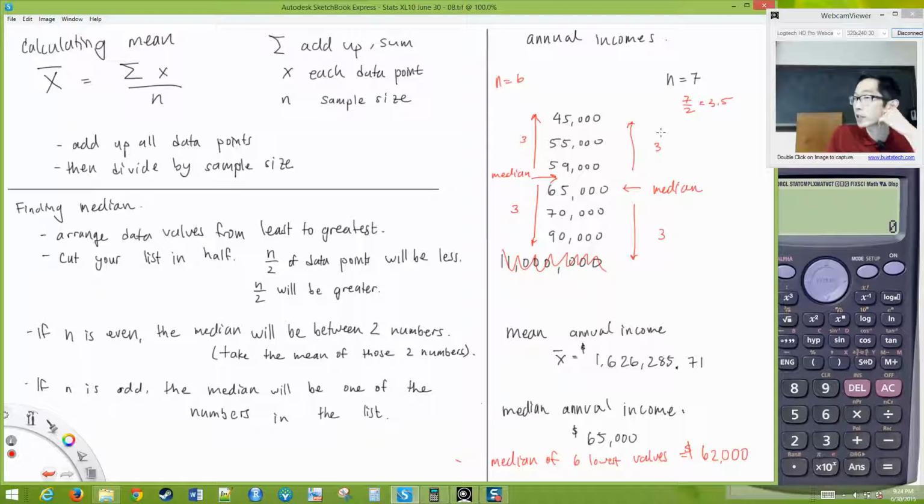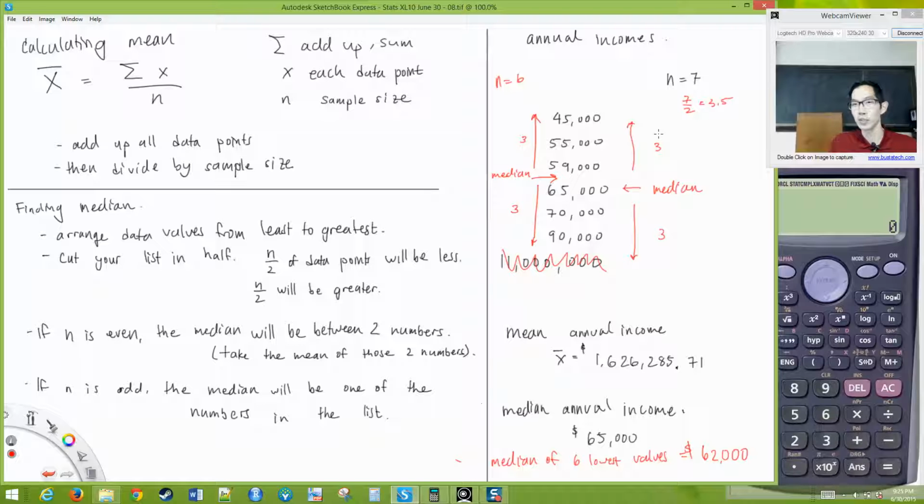Okay, why do we bother calculating the mean and the median? What do these things tell us? They summarize the middle, the idea of center. They can either give us the balancing point or the halfway point. Which one's the balancing point? The mean is the balancing point, and the halfway point is the median. So the mean and the median give us an idea of what typical values or central values are.